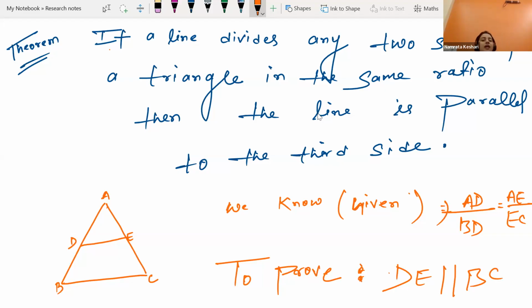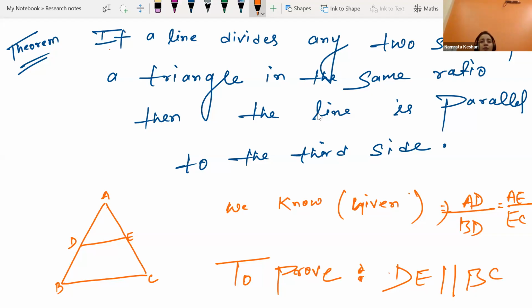We took this triangle, that triangle, so many triangles. We were finding the ratio, comparing the areas of the triangles, and then we ended up proving that yes, the ratio will be the same. Here it will be really simple. Here the ratio is given as the same, and we have to say that these two lines are parallel.